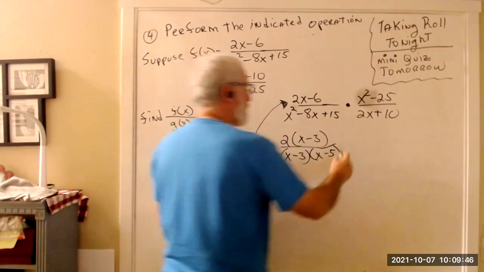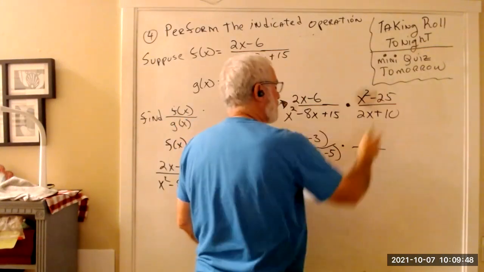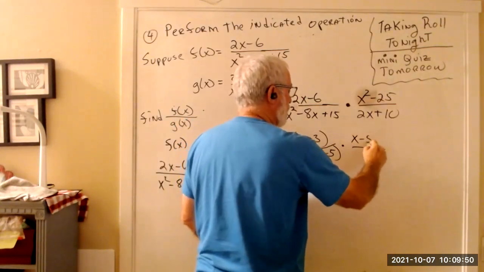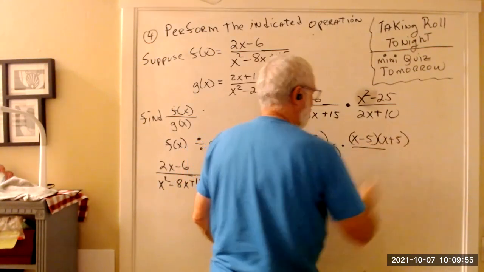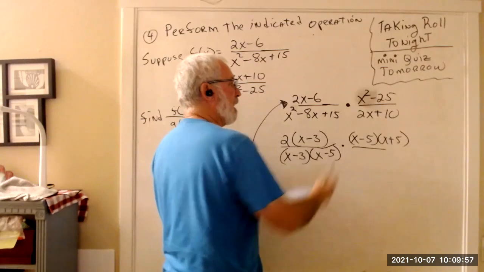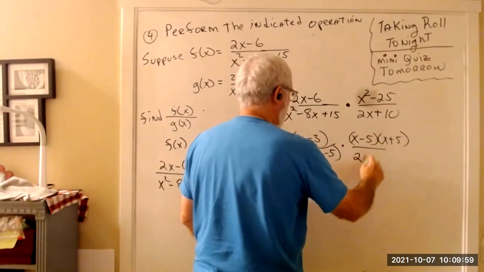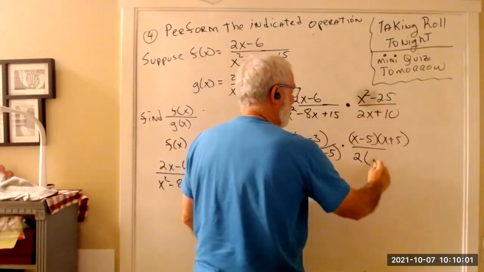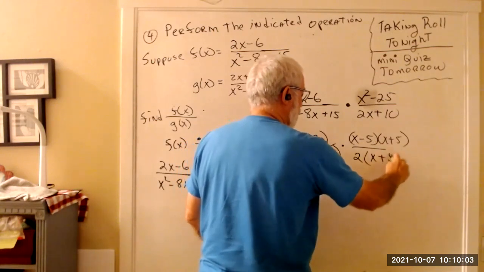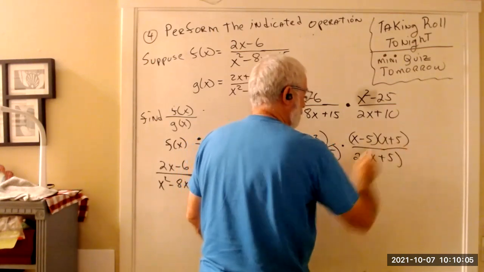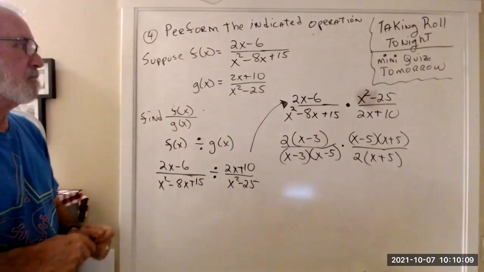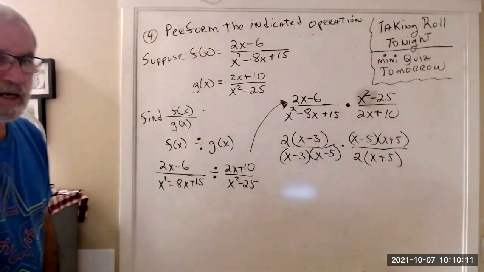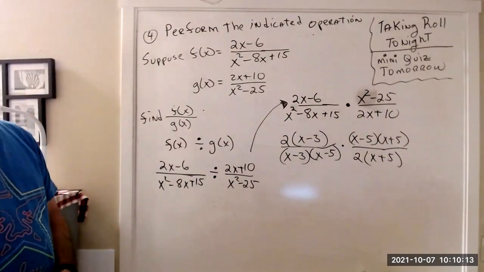Times x squared minus 25 was the difference of two squares. It became x minus 5, x plus 5. And 2x plus 10, you could factor out a 2, leaving behind x plus 5. So, any questions on my factoring so far?